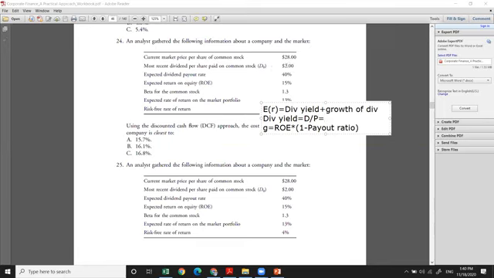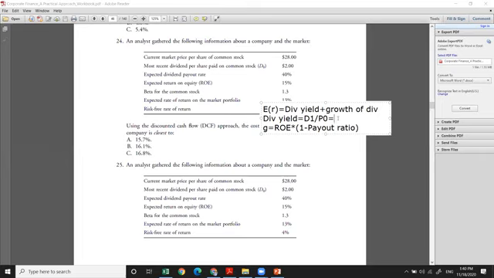The dividend per share is $2, D0. First let me figure out D1, and this is P0, the current market price per share.